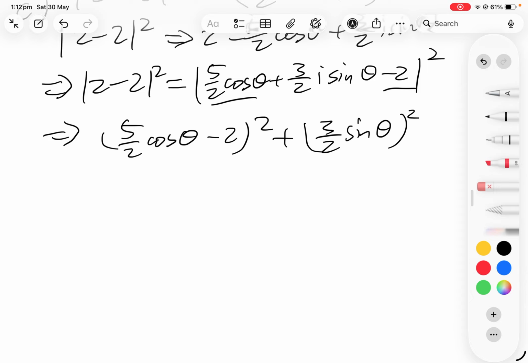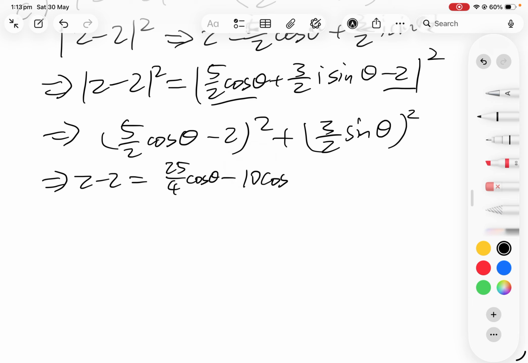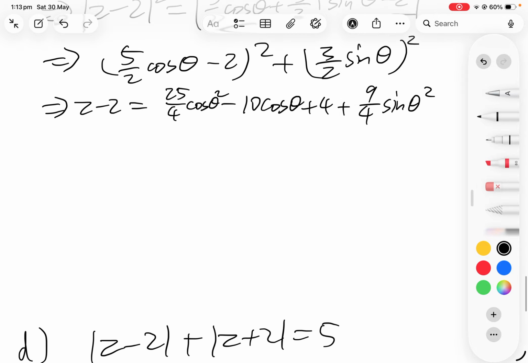And if it equals this, we can expand that out. z minus 2 equals 25 over 4 cos theta squared minus 10 cos theta plus 4 plus 9 over 4 sine theta squared.